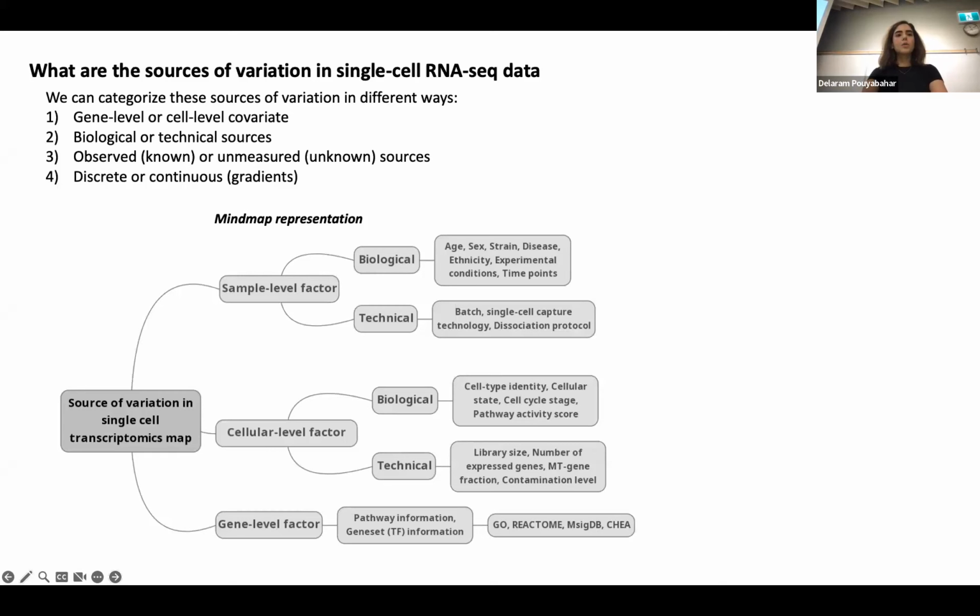Okay, so there are different ways to think about sources of variation in single-cell transcriptomics maps, and I've tried to show you some different categorizations in this mind map.